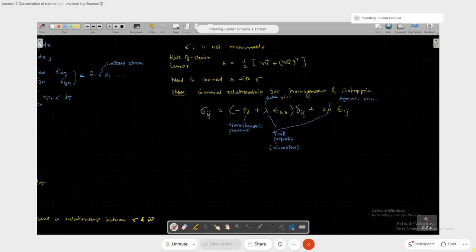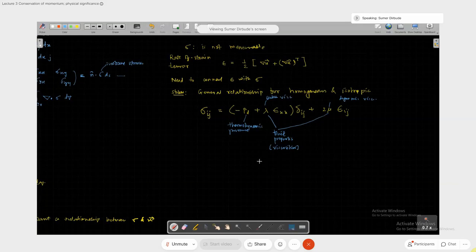Still, we have to see how epsilon kk is connected to velocities. Epsilon is a general term, and kk is the trace.